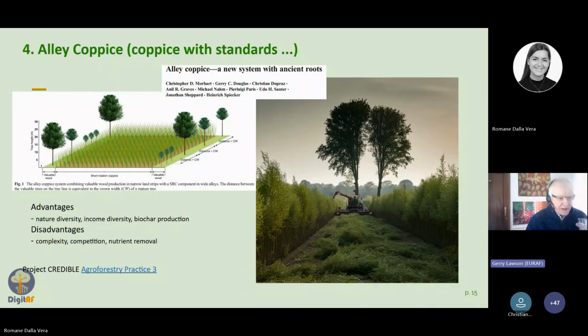This is a type of agroforestry because in all European member states, short rotation coppice is considered as an agricultural land use. So you have a mix of a tree land use and an agricultural land use. Could be called coppice with standards, but it's potentially, particularly if we're talking about energy production, potentially very important. Next slide.